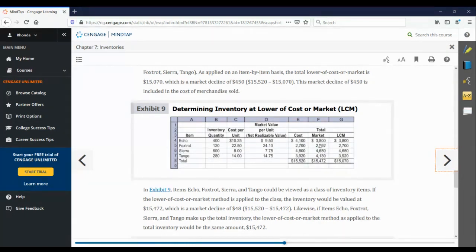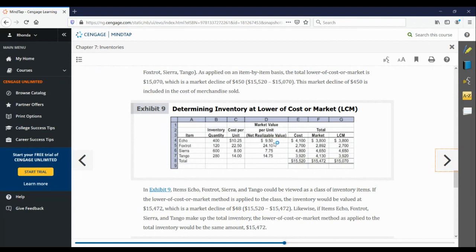The second thing we're going to do is determine the total market price. You're going to take your ending inventory quantity for each one of your items, and multiply it by the market price for each one of these items. The market price is really the net realizable value, which was your estimated selling price minus the disposal cost.